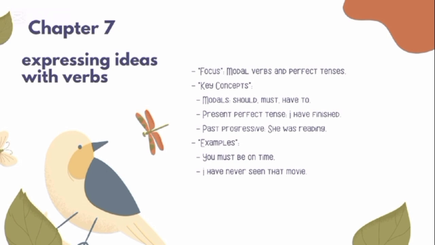I must finish this project. The key concepts are modals like should, must, have to. The present perfect tense is usually used like I have finished. And then there is the past progressive, as in she was reading.